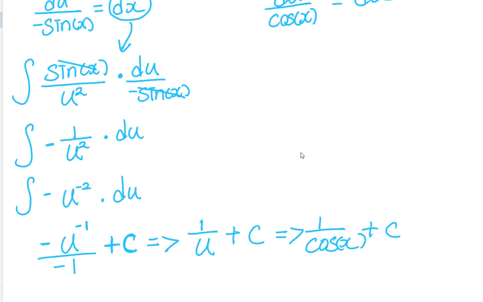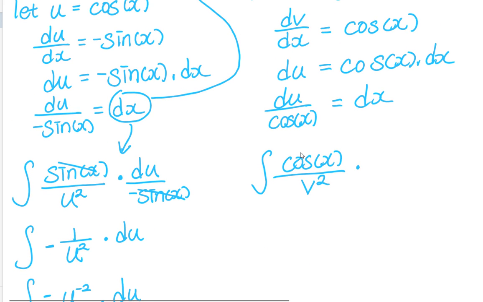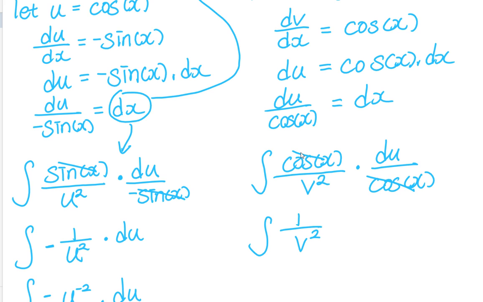So we are integrating cos x over no longer sine x squared, now we have v squared, because v is equal to sine x. And dx becomes dv over cosine x. Now the cosine x cancels, leaving us with 1 over v squared.